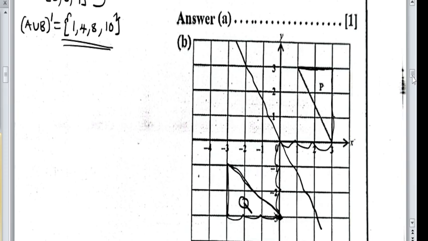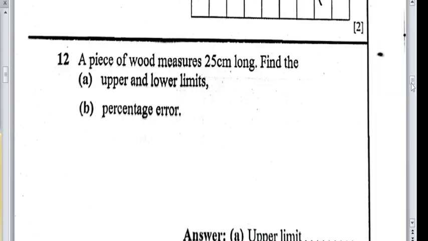So this question is coming from transformations. We're going to proceed. We look at a different question, which is question 12. A piece of wood measures 25 centimeters long. Find the upper limit and lower limit.